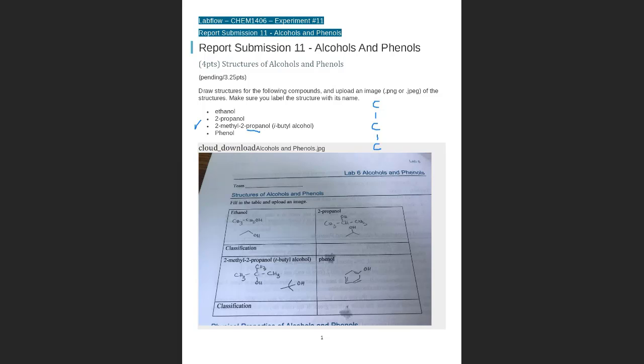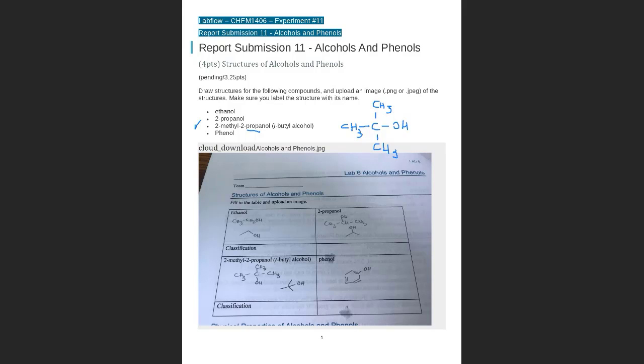But then it says 2-methyl. That means on carbon 2, I have a methyl. And it says 2-propanol. So on carbon 2, I also have the hydroxyl group. And then I complete with hydrogens. So this is how I draw 2-methyl-2-propanol.